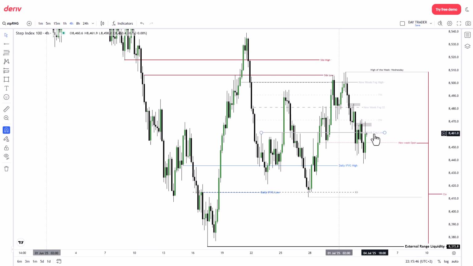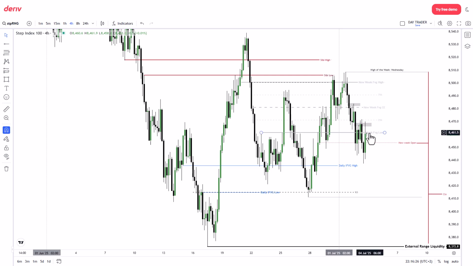All right, so as long as we are shorting above the new week opening price using our key structures from the daily time frame, you can either use the keys themselves or the inefficiencies or your bearish order blocks. Everything that you find above the new week opening price for a short will be valid and will be highly recommended. A fair value gap below the new week opening price is low probability.